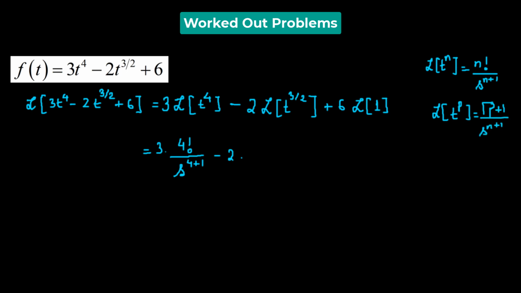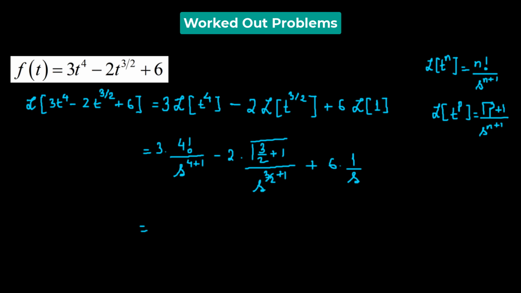So we have gamma(3/2 + 1) divided by s^(3/2 + 1), plus 6 times the Laplace transform of 1, which is 1 over s.